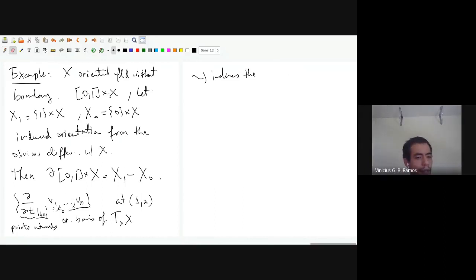If you pick a normal vector field, for example d/dt at the point (1, x), and you complete with an oriented basis of T_x X, then this is an oriented basis of the tangent space to [0, 1] times X. So this is an oriented basis of [0, 1] times X.